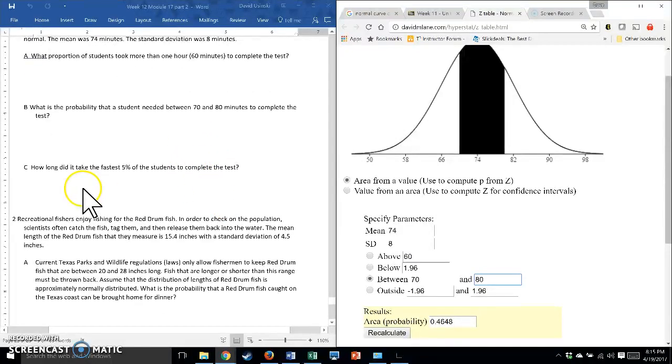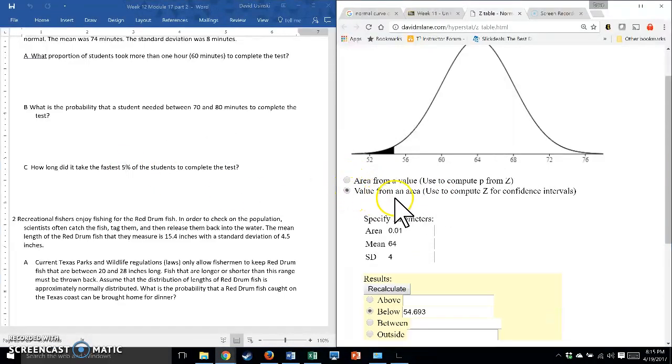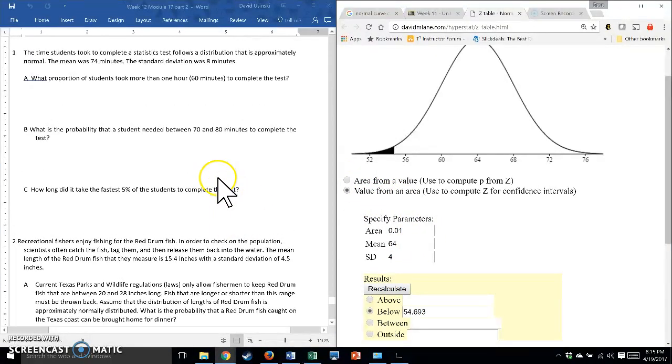All right, finally the last question. How long did it take the fastest 5% of the students to complete the test? Now, fastest would mean a short amount of time. And notice the percent. Since I'm given the percent, I have to change this from area to value. And I have to update my information in here.